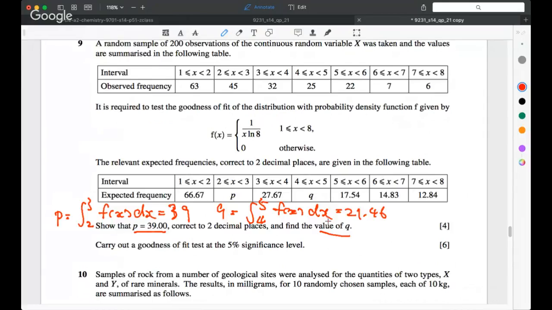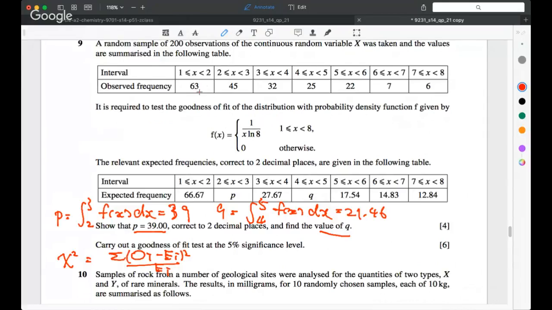Now we need to carry out a goodness of fit test at 5% significance level. For goodness of fit, this is the keyword in questions, we always use the chi-squared test. So chi-squared is equal to the sum of observed value minus expected value, squared, over expected value.